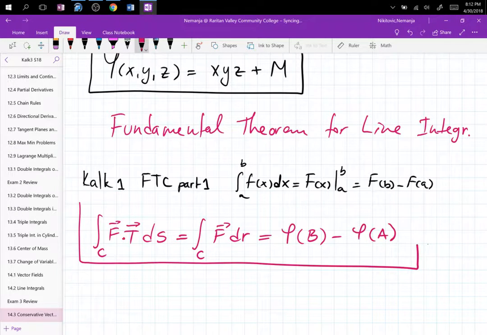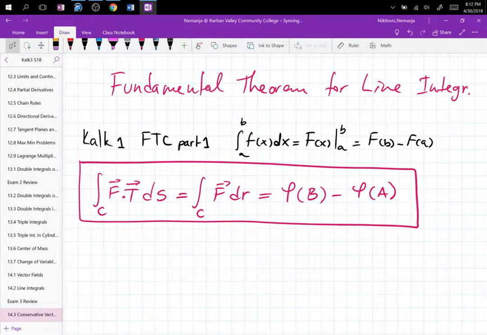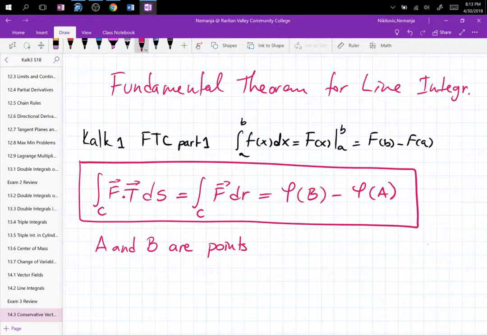That is the fundamental theorem of line integrals. And a and b are simply points, whether we are doing this in R2 or R3.